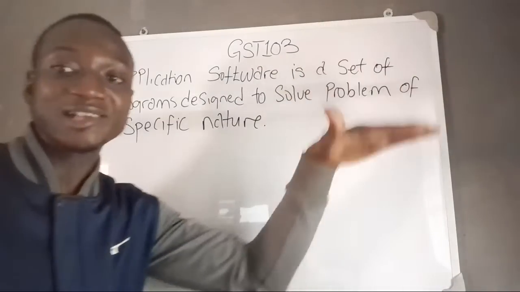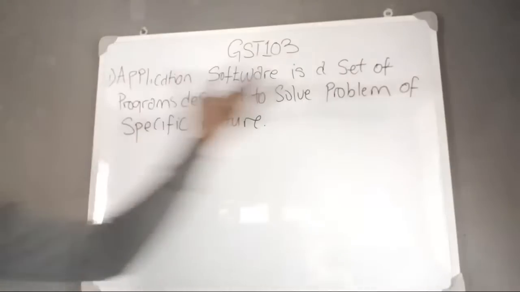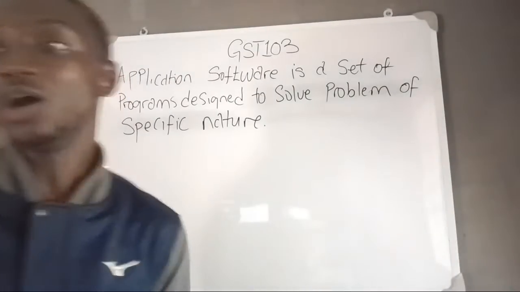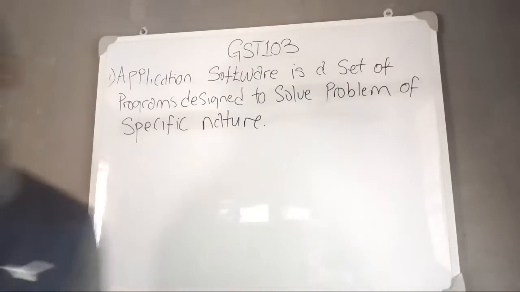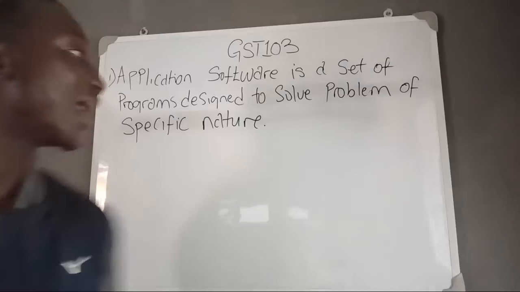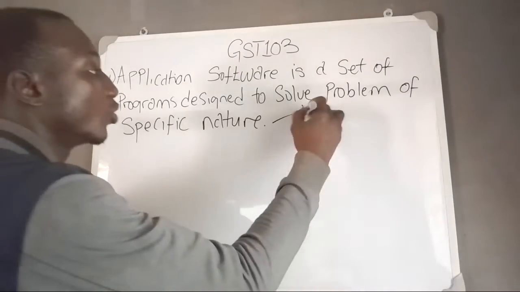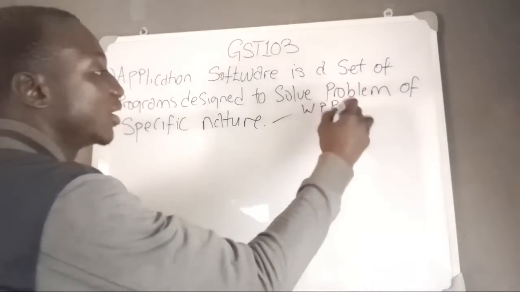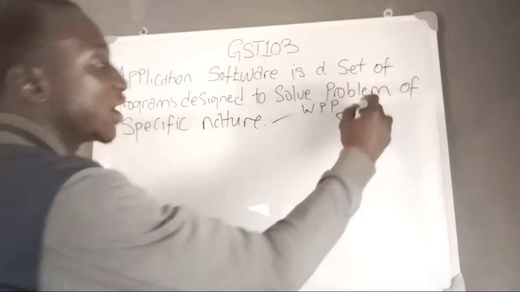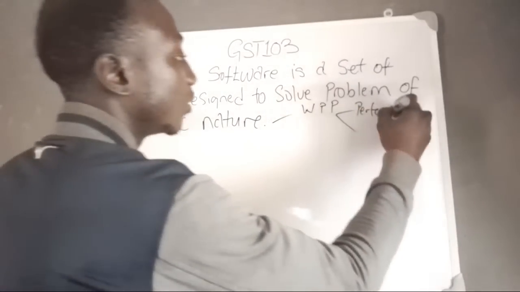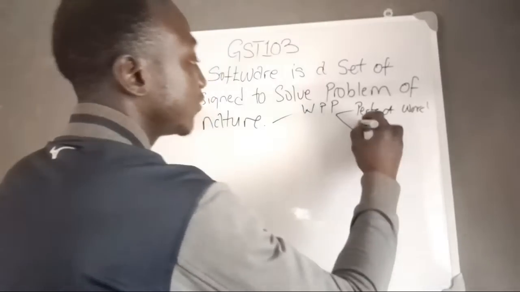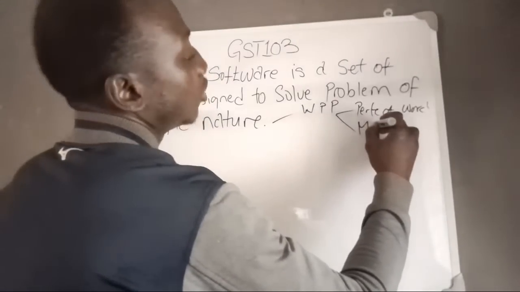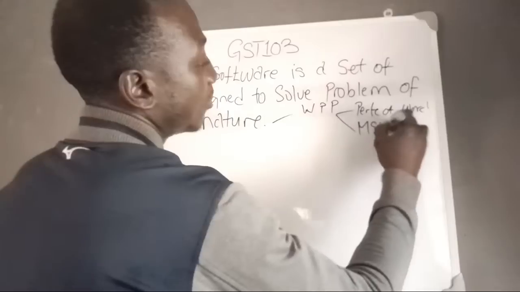And I gave us an example of application software. We have the word processing programs, and under word processing programs we have Word Perfect, we have Microsoft Word.